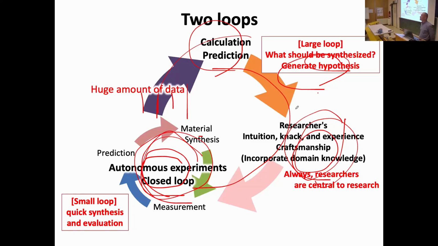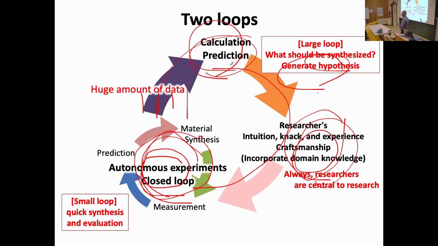And I strongly think that the next generation of theorists is going to be involved in this cycle. So now I ask many theorists to use our autonomous system. Theorists can predict, but you have to persuade researchers or experimentalists to test your hypothesis.